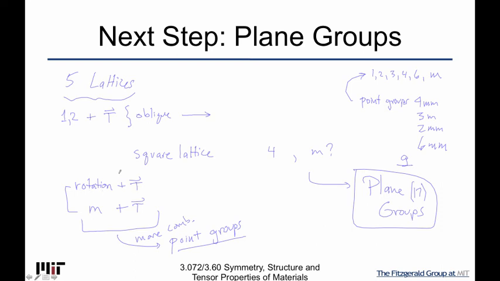If we jumped right into trying to combine all these things, we wouldn't have left out 5-fold symmetry, right? So by first creating the lattices that are compatible with rotations and translations and mirror planes and translations, now we're ready to think about more point groups that we could add in besides the ones we have in here. And then we'll start putting them together, and we'll eventually arrive at our 17 plane groups.